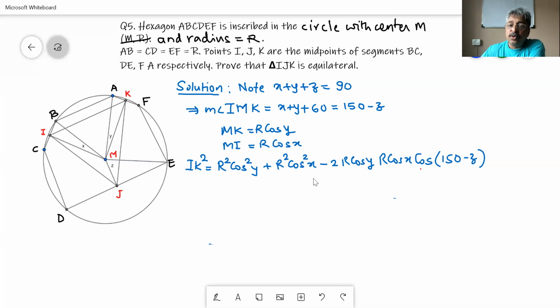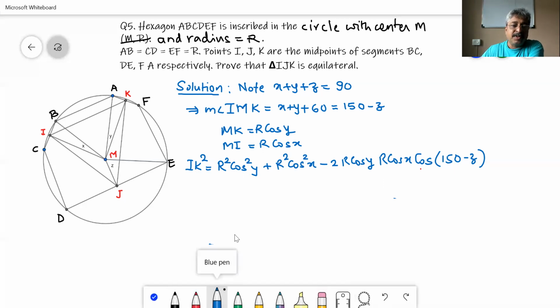So this is the cosine rule which I have applied for finding IK square, and the included angle I have taken is 150 minus z. So now let us start working on this.